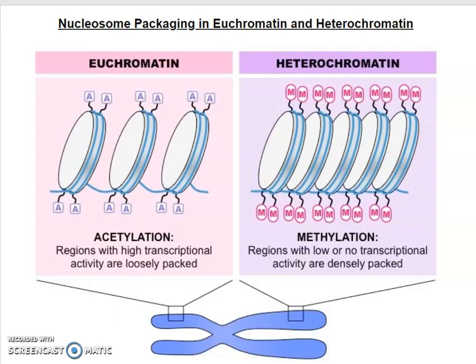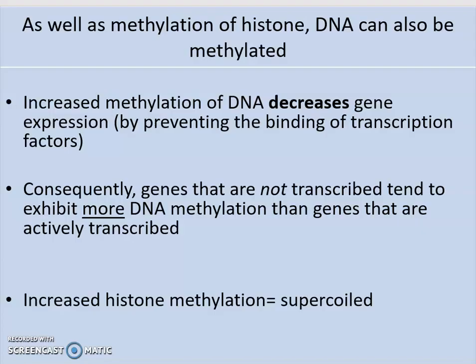Now, as well as methylation of the histone, we can have methylation of DNA itself. Methylation of DNA produces markers called epigenetic tags, and the methylated DNA, a little bit like methylated histone, means that it's much, much more tightly packed, and therefore less transcription takes place if there are more methylated tags associated with the DNA.